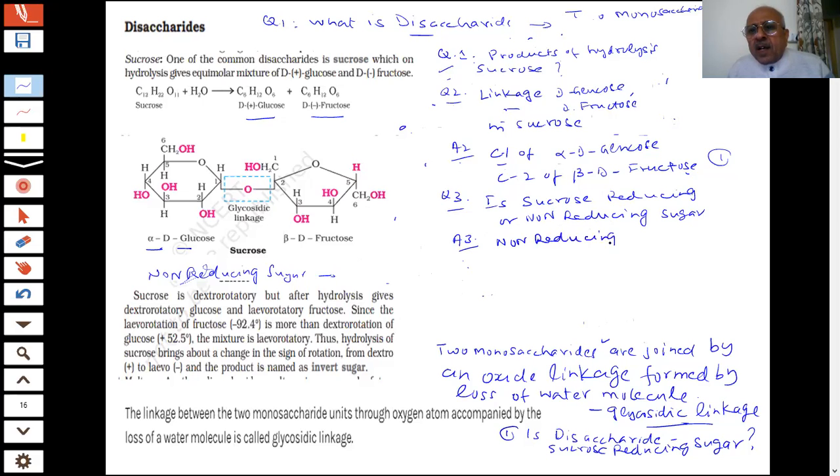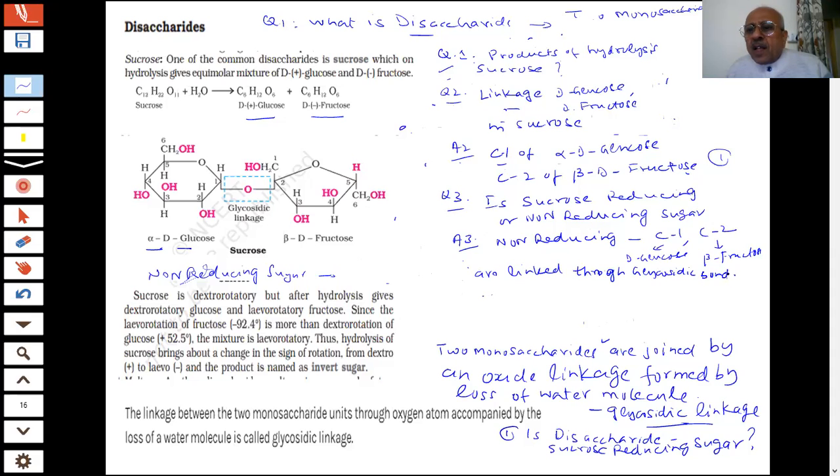Why? Because carbon 1 of glucose and carbon 2 of beta-fructose are linked through a glycosidic bond or linkage.